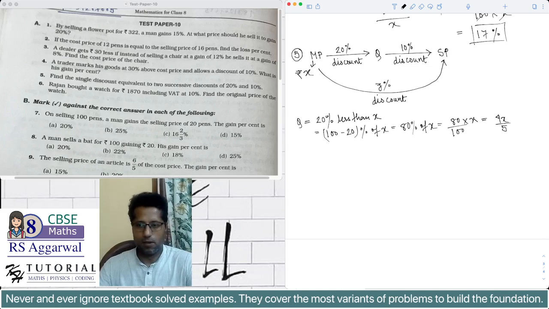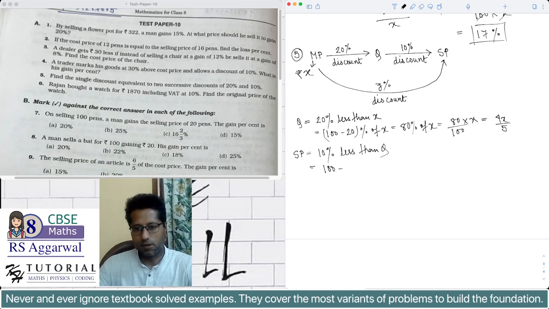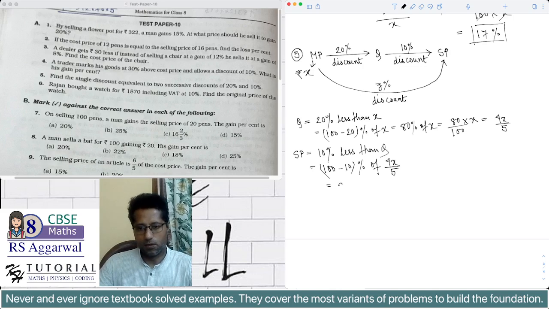Now from Q, there is again a 10% discount and we will find the SP. So SP is equal to definitely 10% less than Q. This is equal to 10% less means 100 minus 10% of Q, and Q we have found to be 4X by 5. This is equal to 90% of 4X by 5.